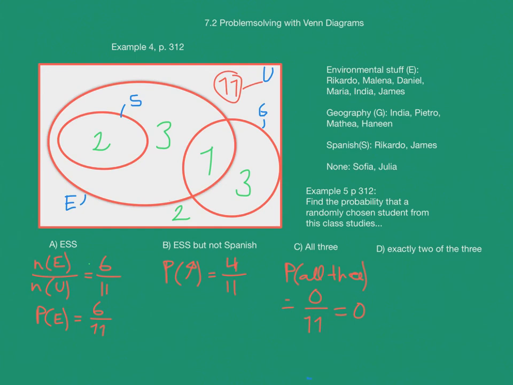And finally, to find the probability that a randomly chosen student studies exactly 2 of the 3 subjects, we can look at the cases where you have students studying more than 1 subject. So it would have to be in these areas where you have overlapping of circles, where you have students who are inside 2 circles at the same time.